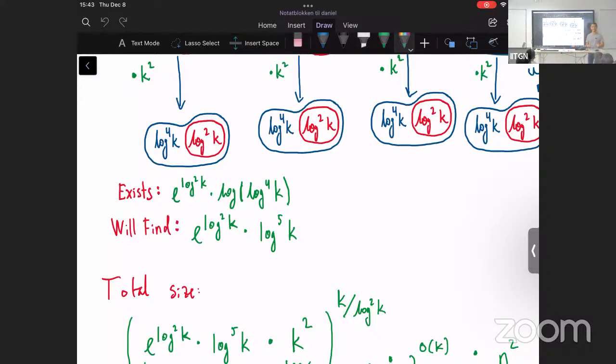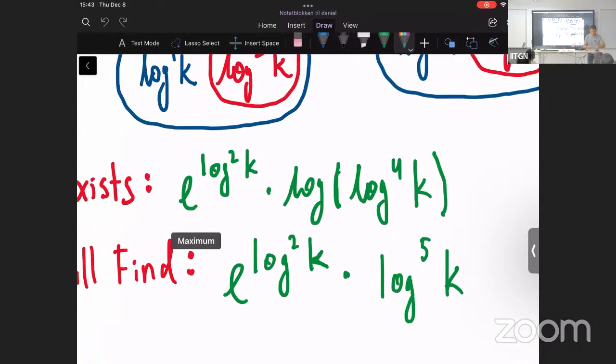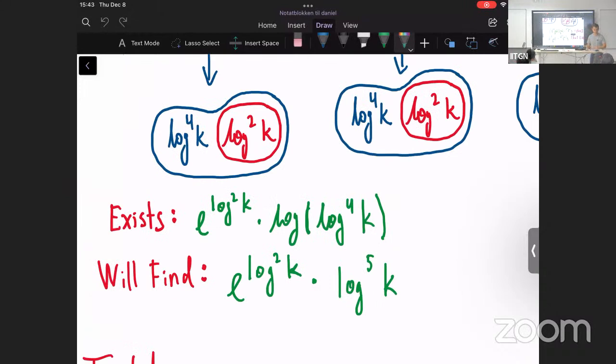But I decided that this was complicated enough. For this instance, we're going to find a family that is almost as good as the existential one. The existential one says that there exists one that only has e to the log square k times polylog k colorings. And we will find e to the log square k times polylog instead of polylog log.